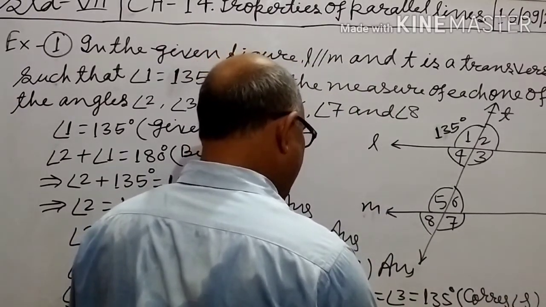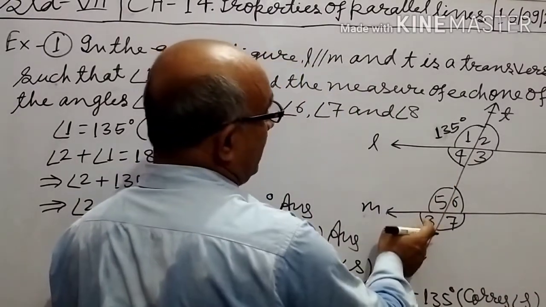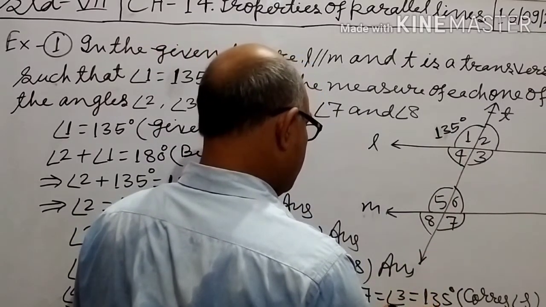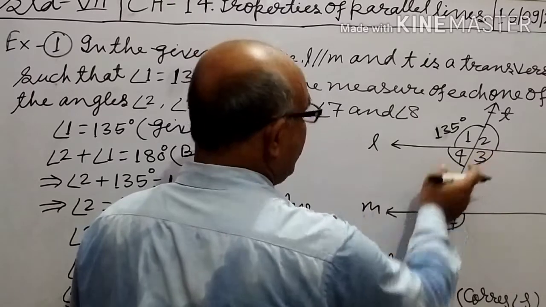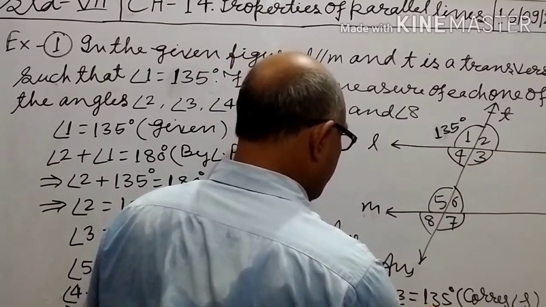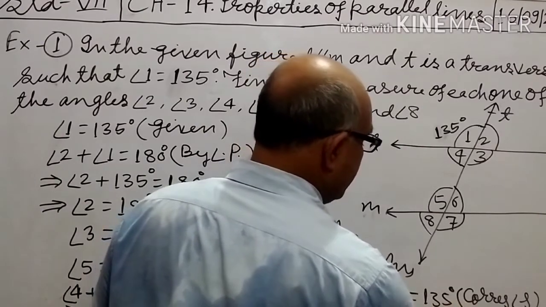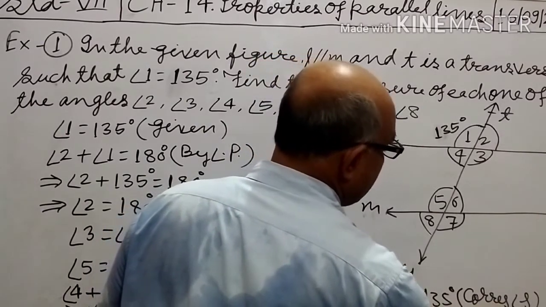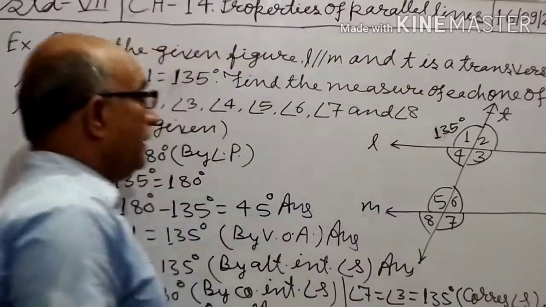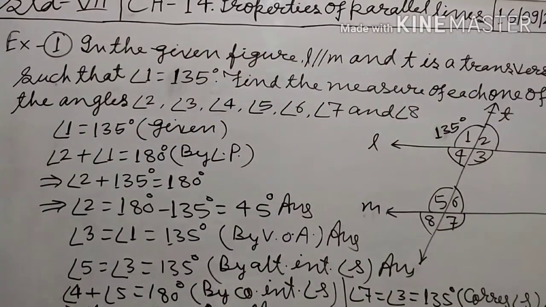Now find angle 8. Angle 8 equal to angle 4 equal to 45 degrees. It is also a pair of corresponding angles. So answer. Understand and write it.